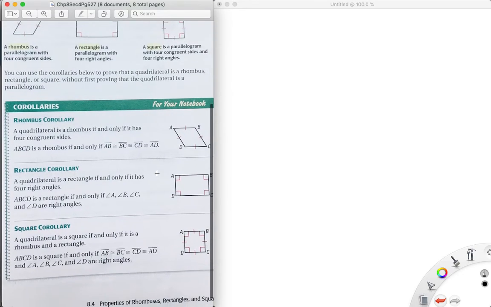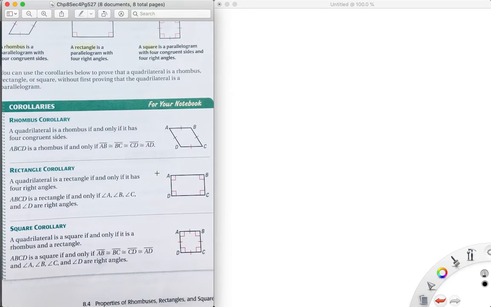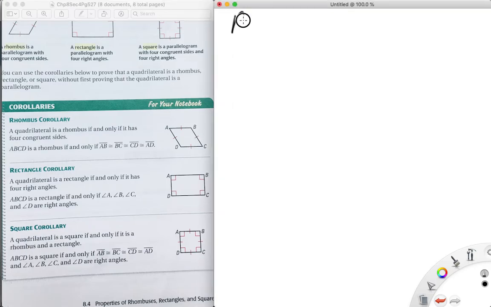Which leads me to corollaries. Very heavy on definition, not really a lot of mathematical examples. Rhombus corollary: a quadrilateral is a rhombus if and only if it has 4 congruent sides. So it's just a definition of a rhombus.